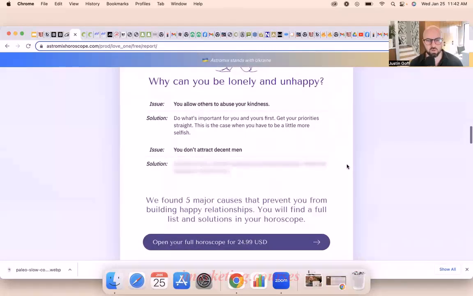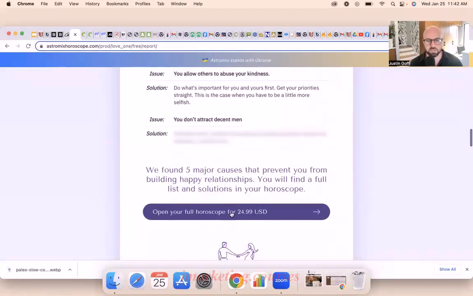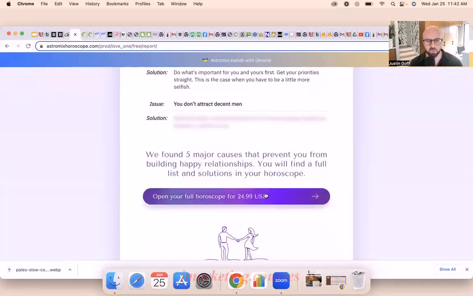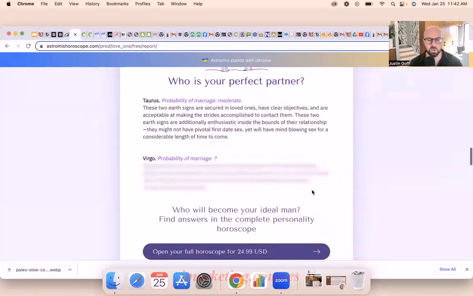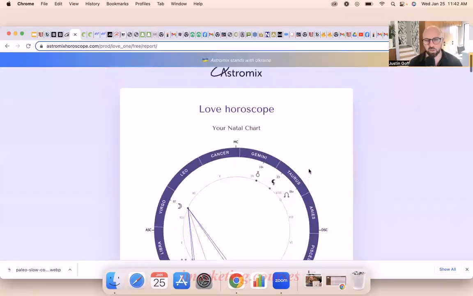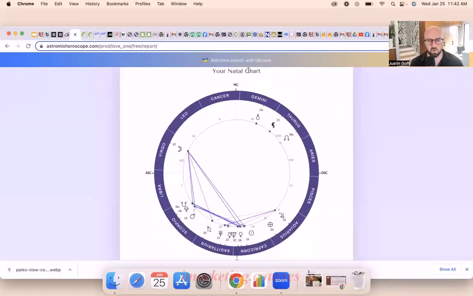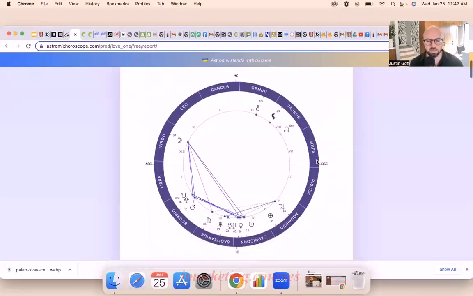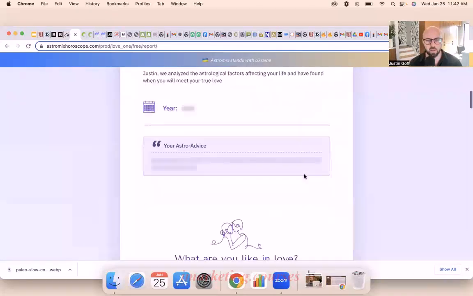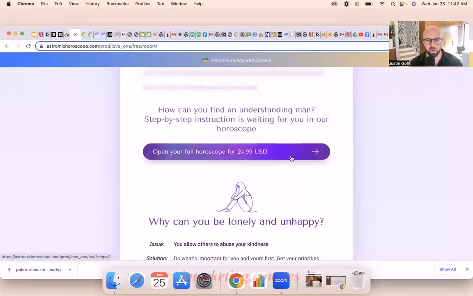A really cool way they do this is by blurring out some of it and then teasing you. We found 5 major causes that prevent you from building happy relationships. You'll find a list and full solutions in your horoscope. So they're trying to get you to buy the whole horoscope. They give you a little bit, like whatever your natal chart is. I don't know what any of this means. But they're really trying to get you to buy the full thing. So a really cool way to do a quiz.